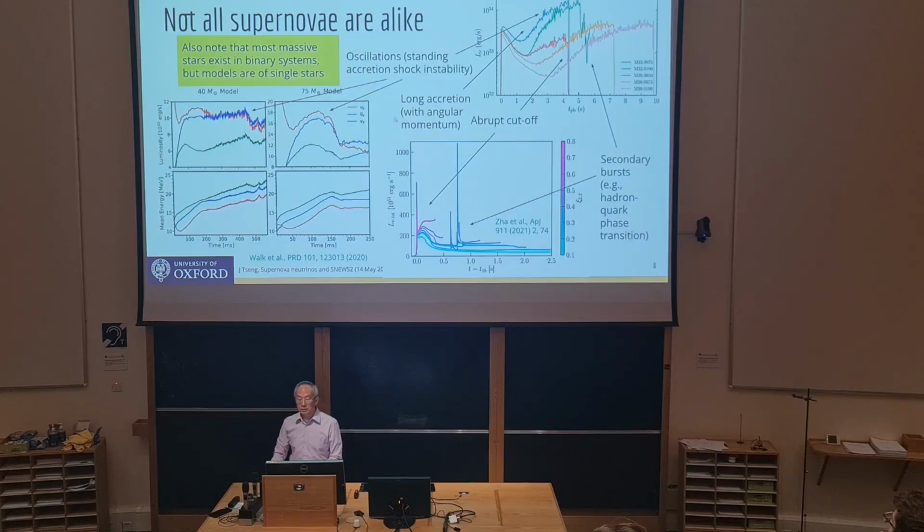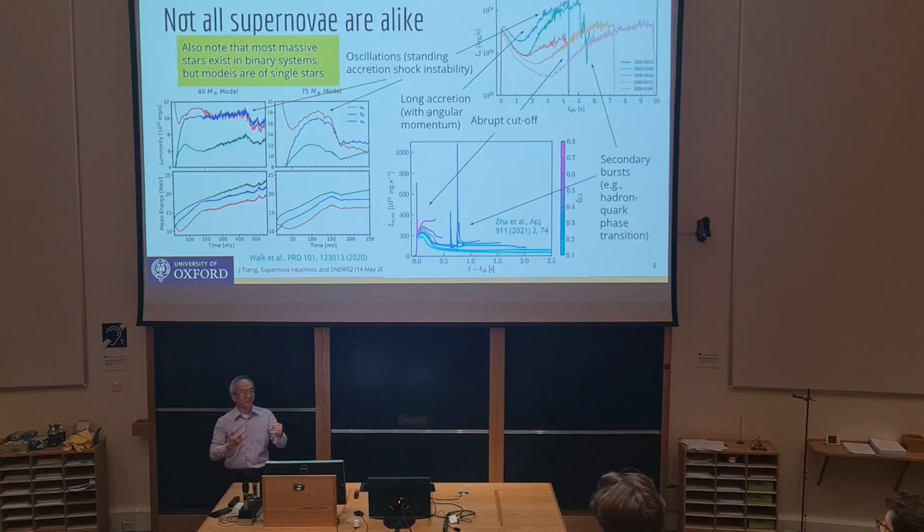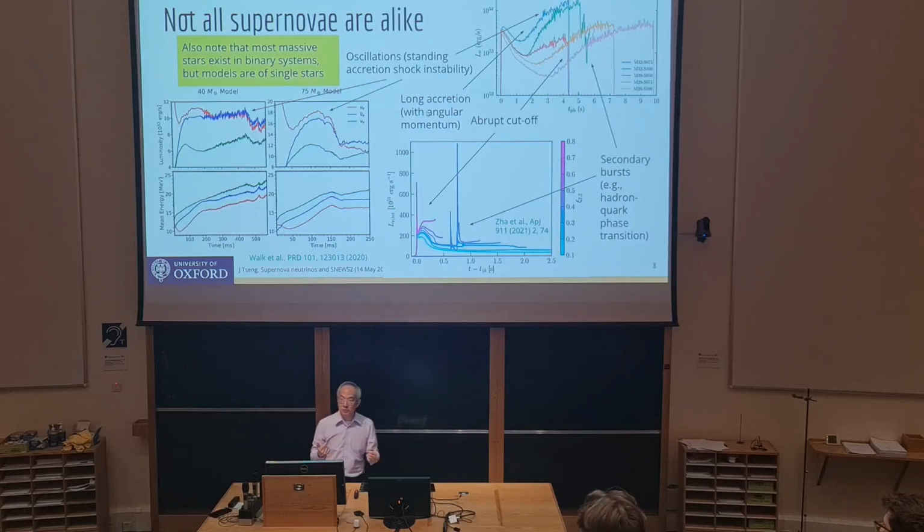Sometimes you would actually see a long accretion, which basically means you have matter falling in for much longer than you would normally expect. The reason why this might happen is fairly simple: the system might be rotating. Rotation has massive effects on all these things, but most of the models that people tend to run are nice and stationary, because it's simpler to calculate.